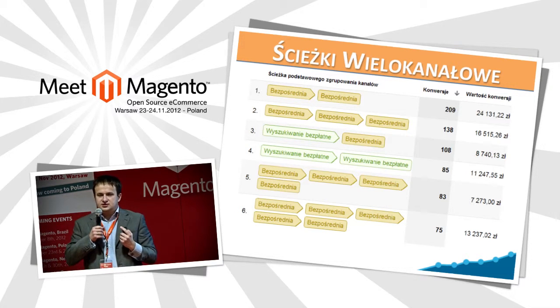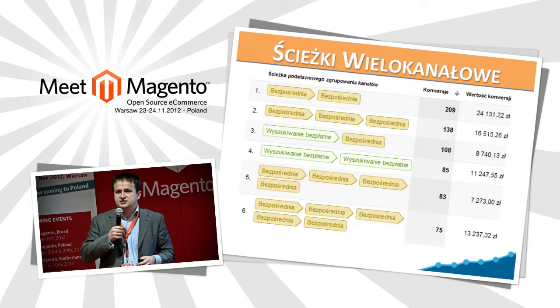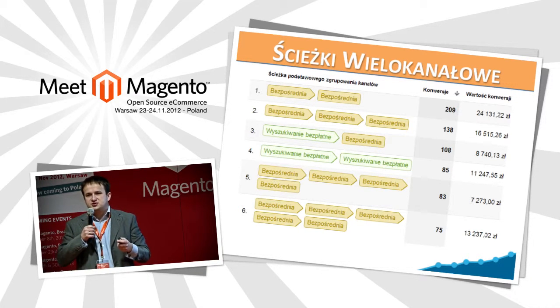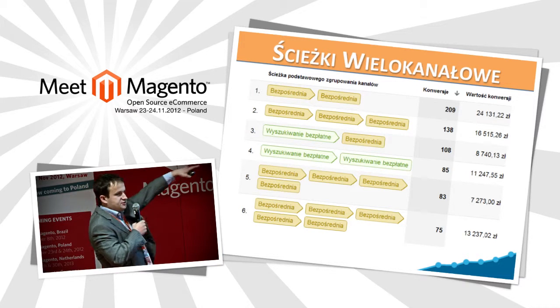So imagine, once again, normally if you do not use multi-channel paths, Google Analytics assigns the conversion to the last visit to this on-site. If it's a search engine, it will be associated with the search engine. If it's from AdWords, it will be assigned to AdWords.